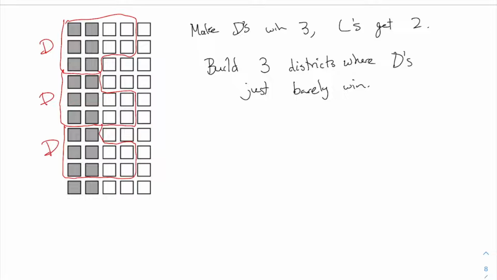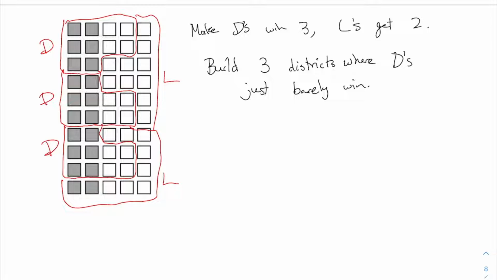And what do I do for the other 2? It doesn't matter. You just divide up what's left over into districts however you like. They have to have 10 each, so I'll take 1, 2, 3, 4, 5, 6, 7, 8, 9, 10. That weird snaky thing is going to be an L, and then this weird shape up here is going to be an L. You have to be a little bit careful to make this work out, but you can usually make it work out if you want to.